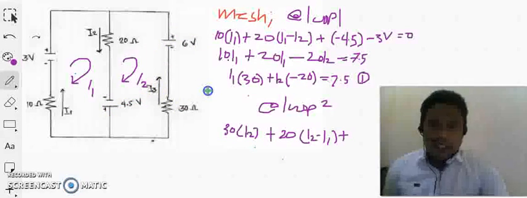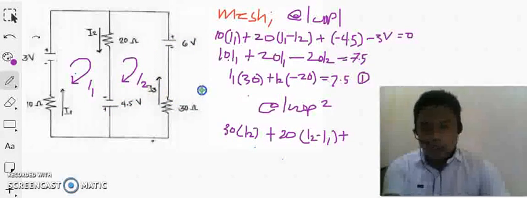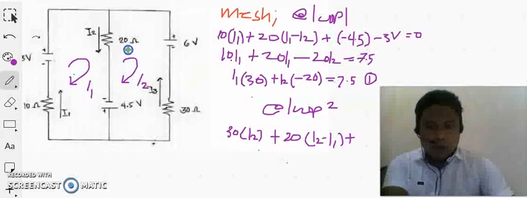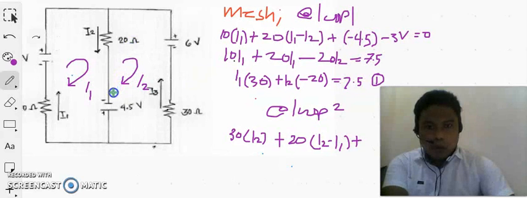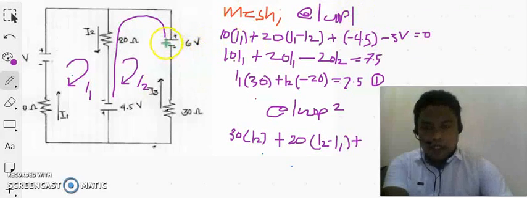For you to easily get the mesh voltage, you assume that you entered on this negative polarity, passes through 6 volts, then enters a negative polarity, and ends with a positive 4.5 volts.